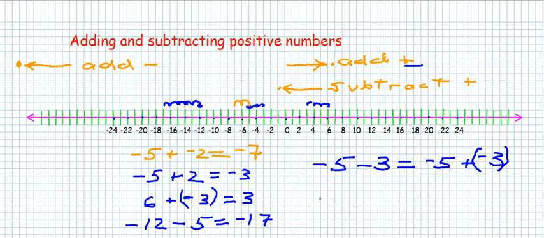Also, and we talked about this individually, but if I have -5 minus -3, then minus a negative, minus here a -3 is the same as plus a positive.